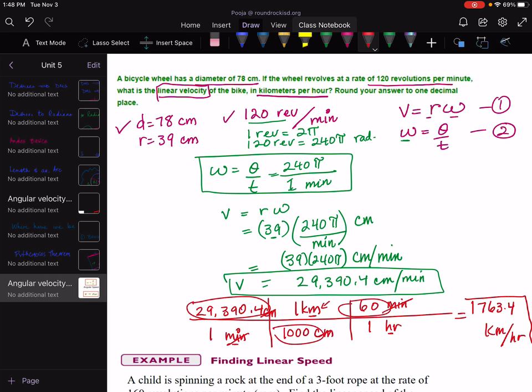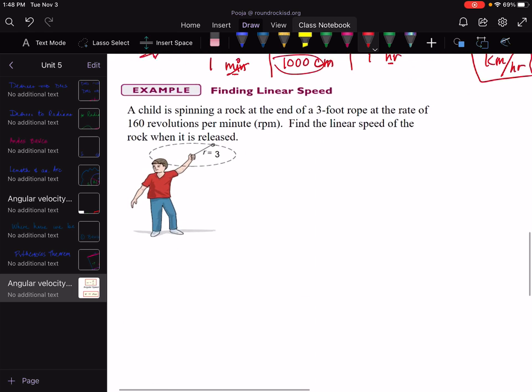That gives 1763.4 kilometers per hour. So one acceptable answer is centimeters per minute, but since the question was very specific, they wanted me to convert it to kilometers per hour, so I had to do this whole conversion using dimensional analysis. All right, let's look at one more example.